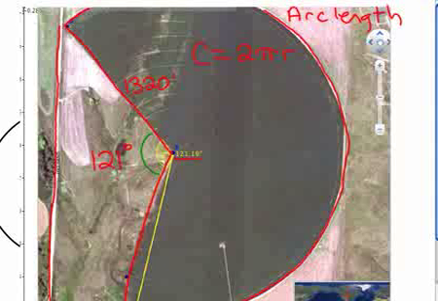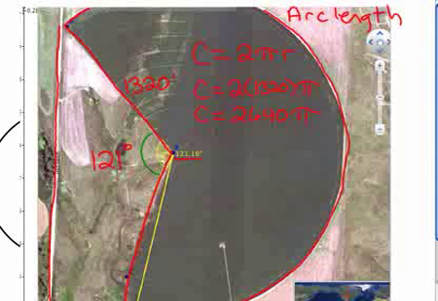So if this was an entire circle, it would be 2 times 1,320 times pi. So the circumference of this field, if you could complete the whole circle, would be 2640 pi, a pretty large number. So 2640 times 3, basically. But we don't have the full circle. We only have part of it.